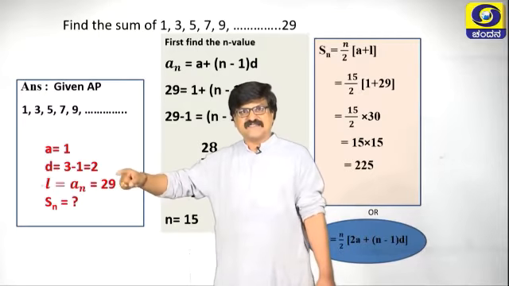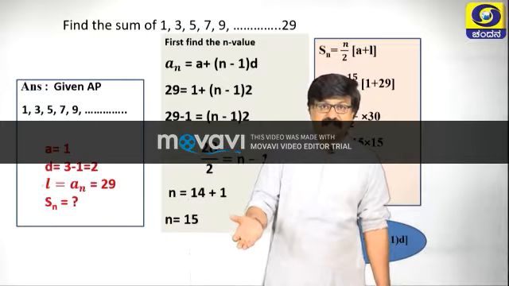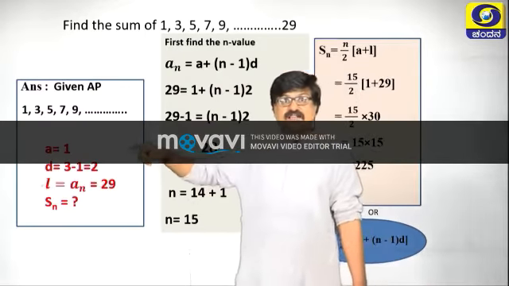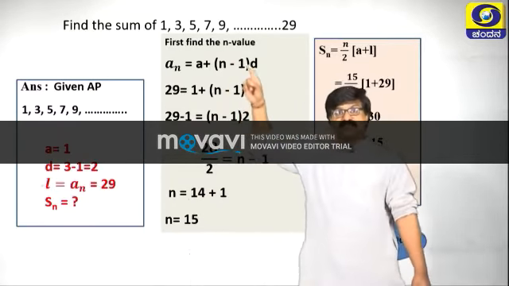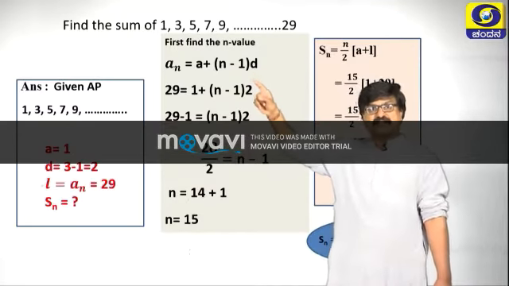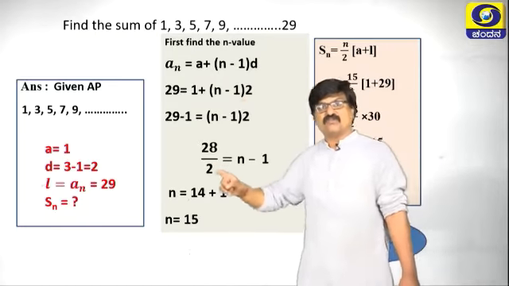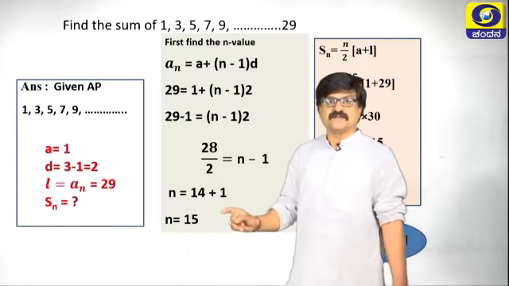Can you find Sn directly? No, because to find Sn, n is required. For that purpose, first find the value of n by using this formula, that is an equals a plus (n minus 1) into d. Substitute the values, and finally we are getting n is equal to 15.